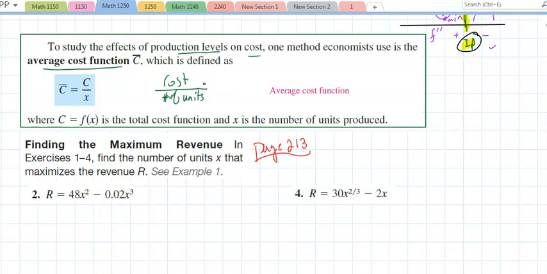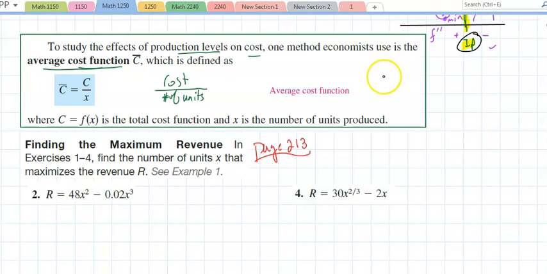Instead of people coming to you and saying, you know what, the production of iPhone was $3 billion, you say, okay, well, can you tell me what the average cost is? You're taking the $3 billion and dividing that by how many units were produced. Let's say they produced 1 million or 10 million or 100 million.